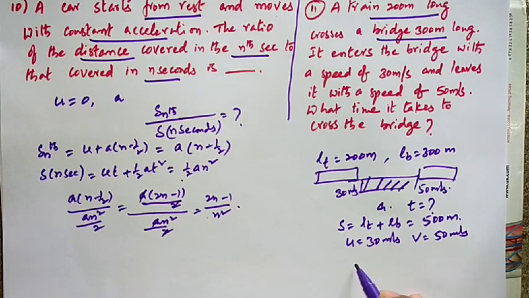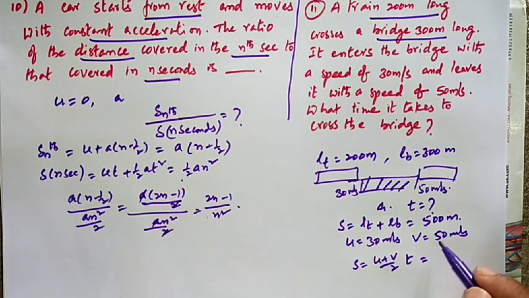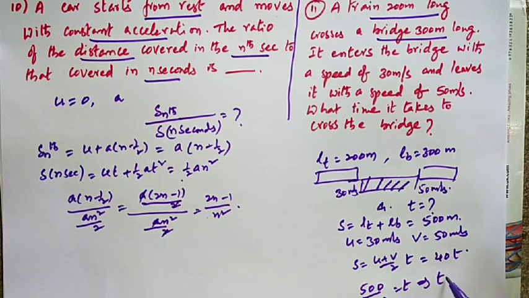S U V T. Very good. S is equal to (U plus V) by 2 into T. If you simplify, U plus V is 80 by 2, 40, 40 into T. S is how much? 500. So 500 by 40 is equal to T. From that, T is how much? 12.5 seconds. In 12.5 seconds, it crosses the bridge.